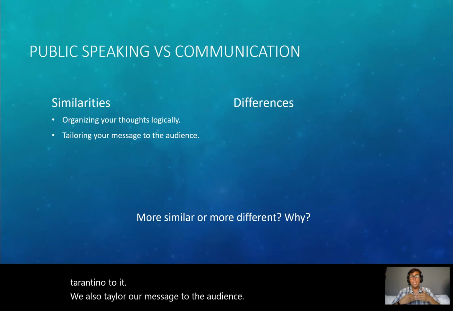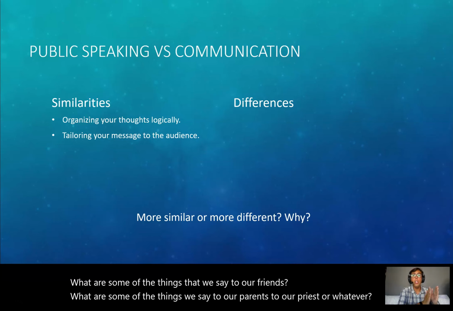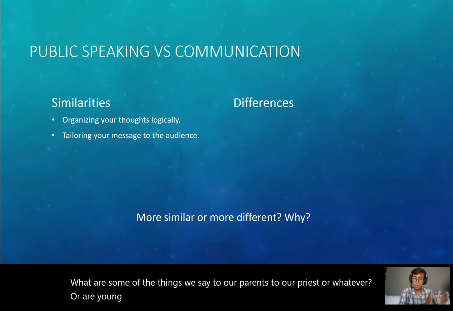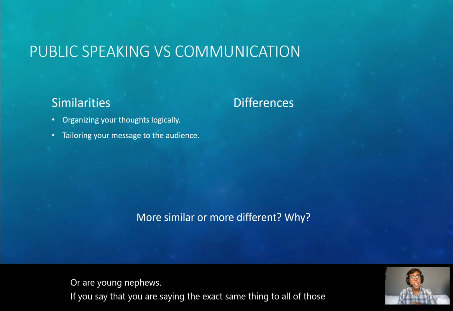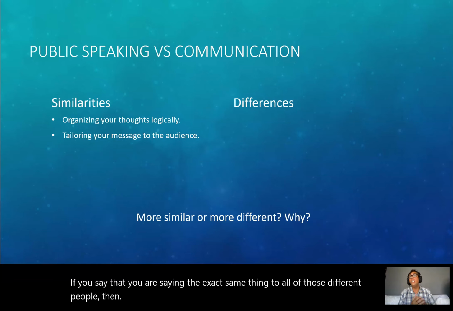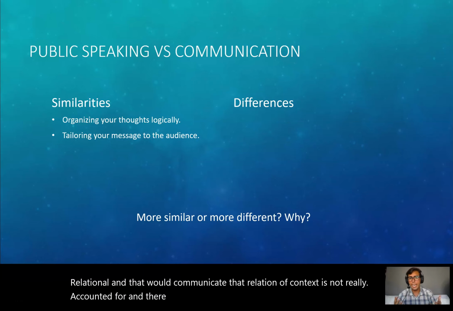What are some of the things that we say to our friends? What are some of the things we say to our parents, to our priest or whatever, or our young nephews? If you are saying the exact same thing to all of those different people, that would communicate that relational context is not really accounted for, and there may be some miscommunications there.